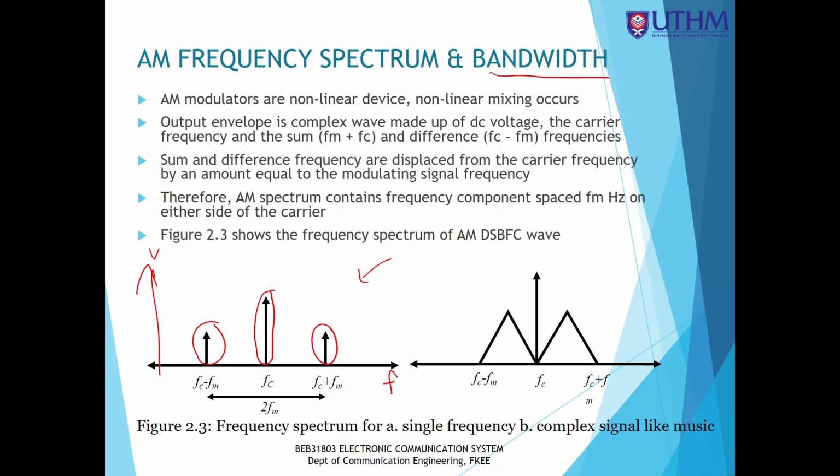Seolah-olah macam you hantar dua kali. Why? Because the information in the lower and upper sideband are the same, like duplicated information. So it is as if you are transmitting twice.